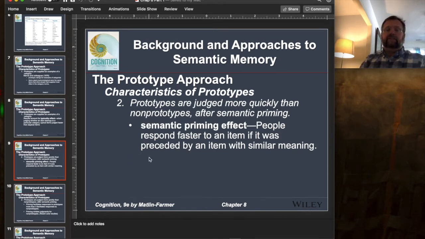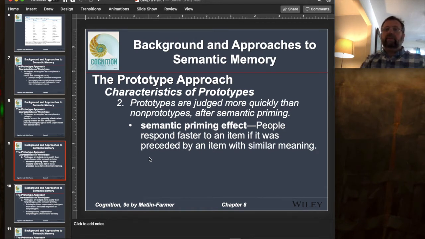Prototypes also tend to be judged more quickly than non-prototypes after semantic priming. When you prime someone with the meaning of something, people tend to respond faster to an item if it was preceded by an item with a similar meaning.